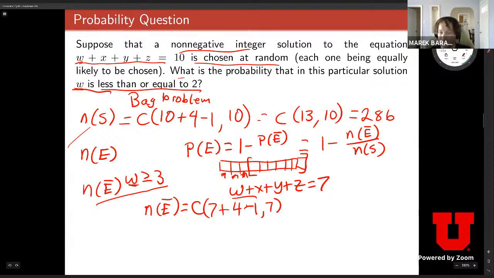If you calculate that out, you get 10 choose 7, and I happen to know that's 120. You will not be calculating numbers this big on the exam, just for future reference. Or if you do have them, we will give you the numbers.